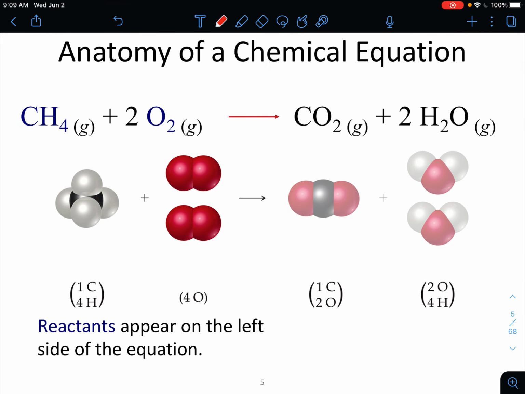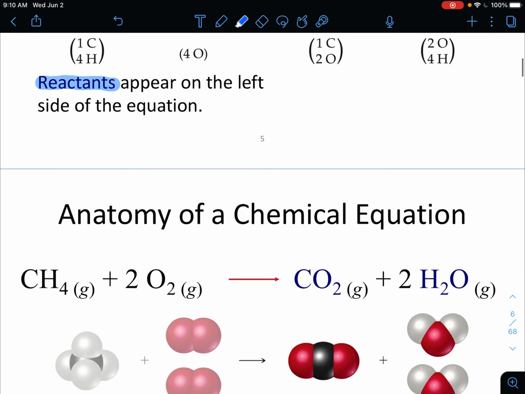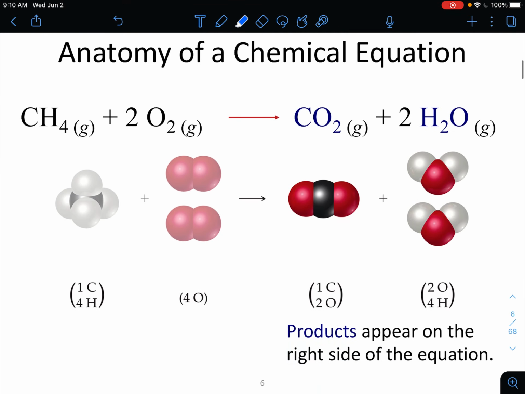So the species on the left are always going to be the reactants, and that should make sense, right? Those are the things that are reacting. And then what we have on the right, the things we're making or producing in our reaction, those are called our products. So reactants on the left and products on the right.